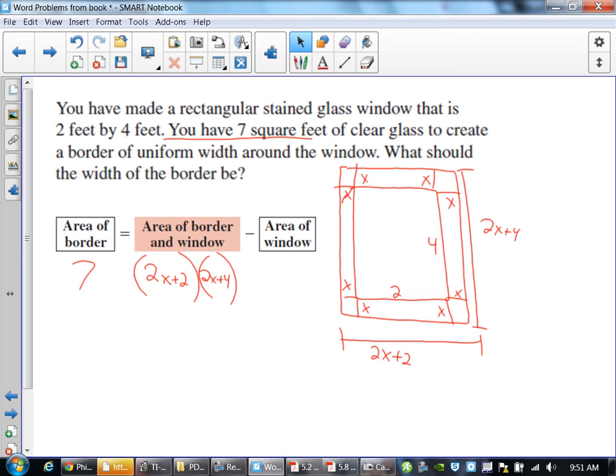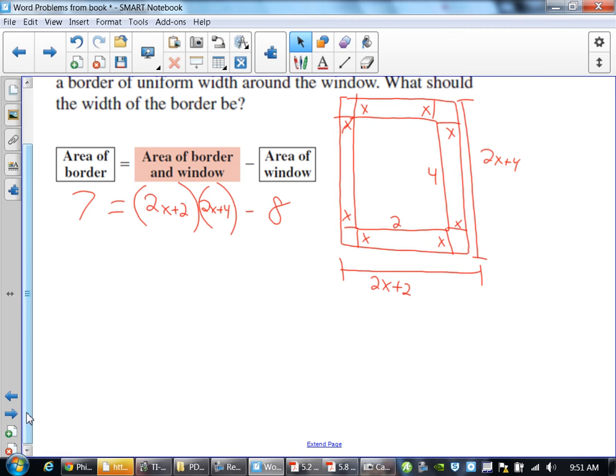And then you have to subtract out the hole in the middle. The hole in the middle was how much? 8. Isn't that just a quadratic? Watch what happens. You have 7 equals 4x squared plus 8x plus 4x, so it's plus 12x plus 8, minus 8.